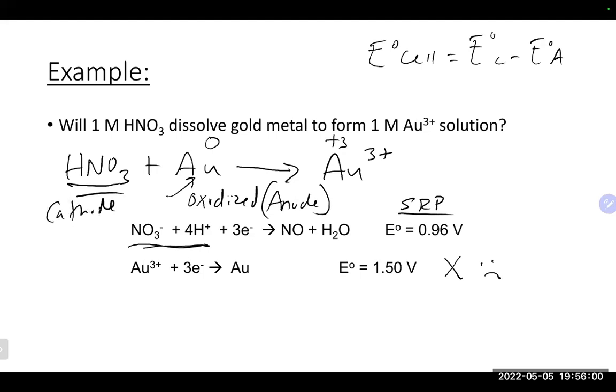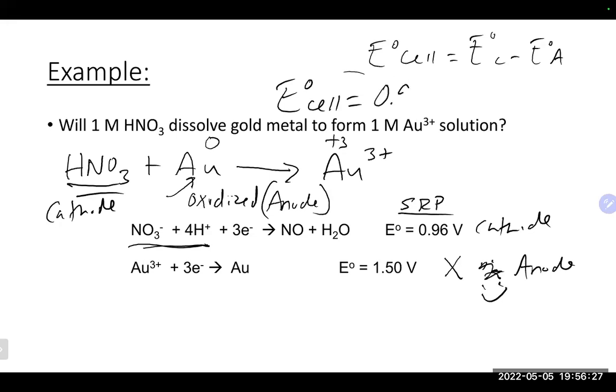So again, really important to remember, if they give you any information about how the reaction is happening, you do need to look at it and not just go by whichever one is more positive. So in this particular case, my E of my cell, which would be my cathode and my anode, we would now be taking 0.96, and again, I'm not going to change the sign, minus 1.5 volts.